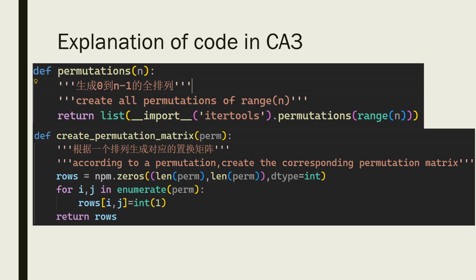Second, create permutation matrix. This function takes a simple permutation list and converts it into a formal n times n matrix. It initializes a matrix of zeros and places a 1 at the specific column index for each row.